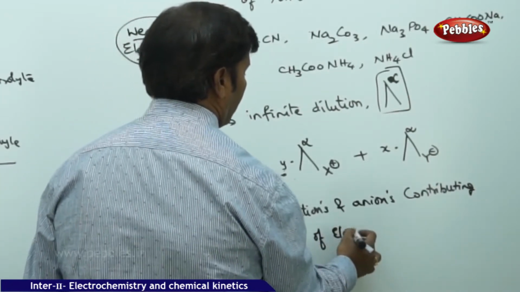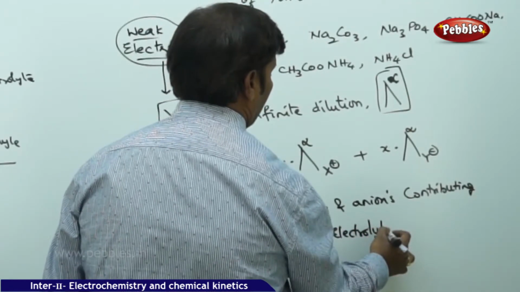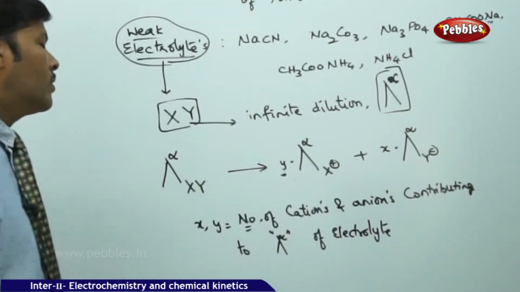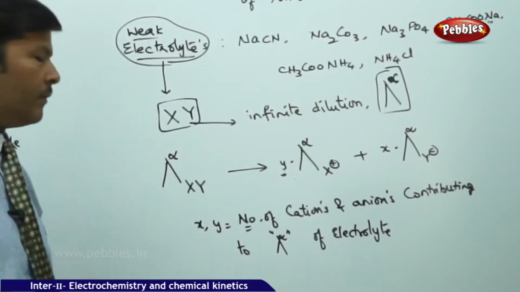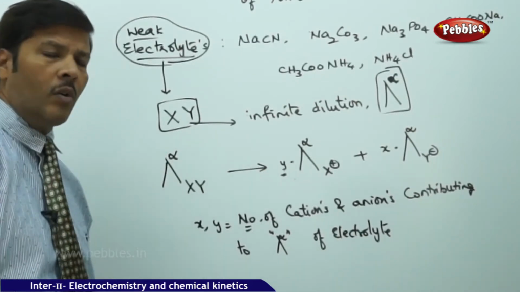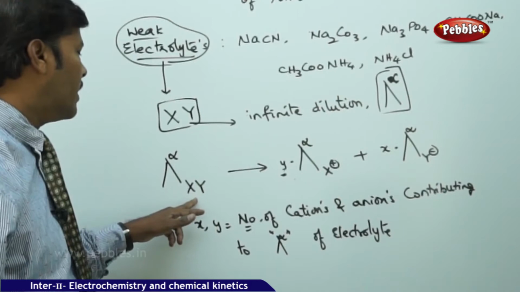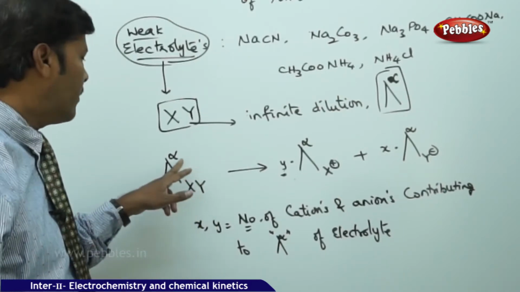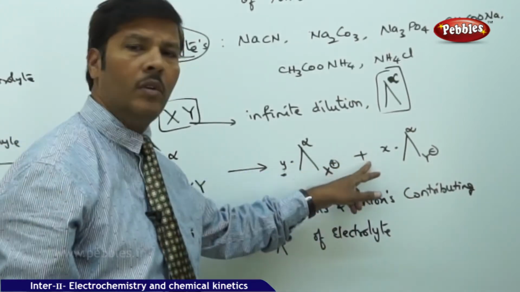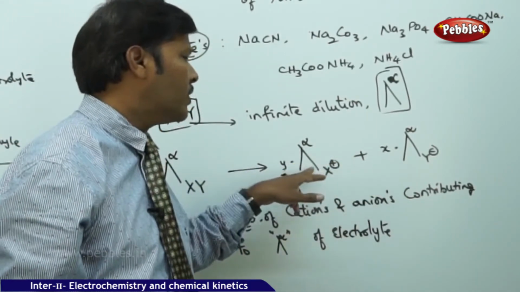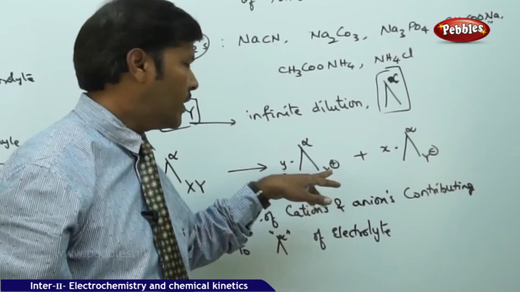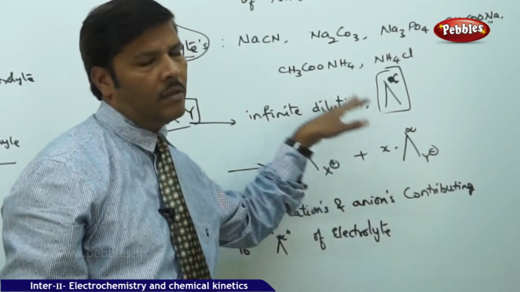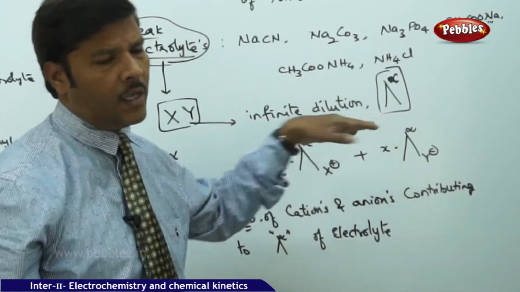So if you want to put it in the form of a definition for Kohlrausch's law: the equivalent conductance of a given electrolyte at infinite dilution is always equal to the sum of the individual equivalent conductances of the cations and anions at their infinite dilution.